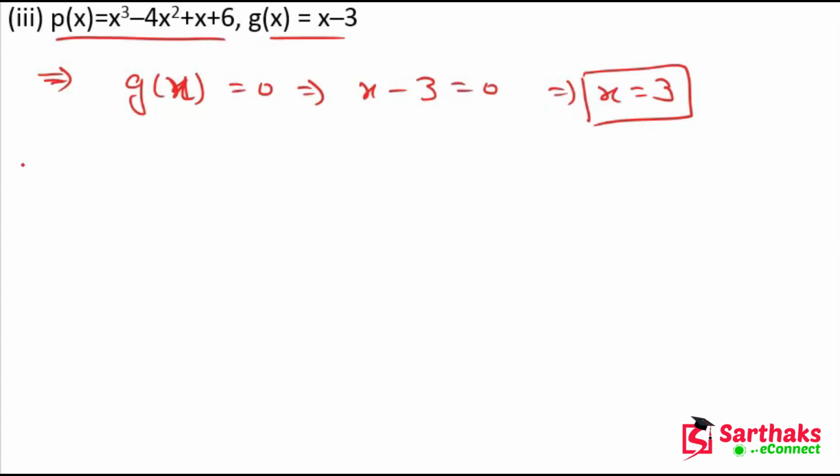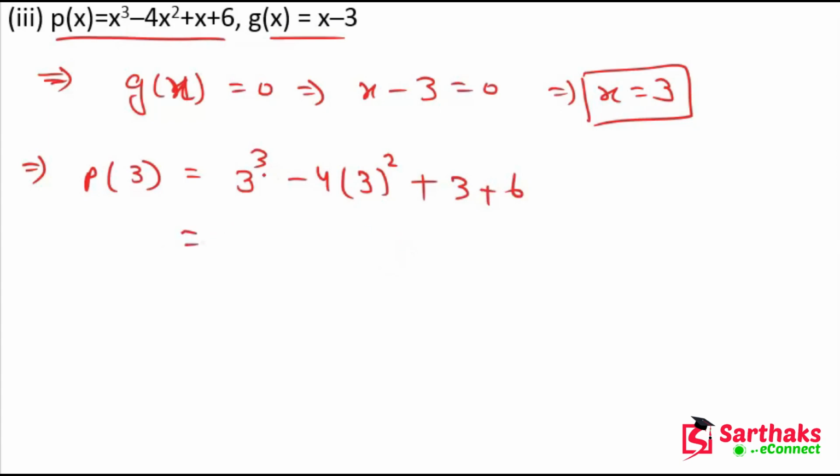So now we have to find p of 3. Here it is 3 cube minus 4 into 3 square plus 3 plus 6. So 3 cube means 27, minus 4 into 3 square means 9, which gives 36, plus 3 plus 6 which is 9. So 27 minus 36 plus 9.